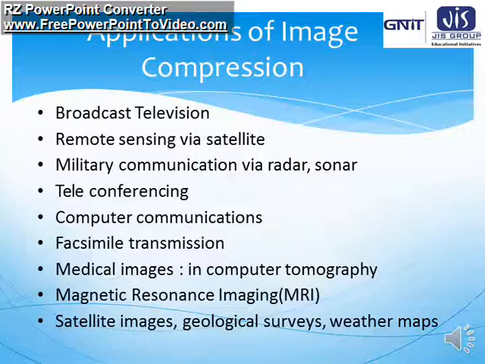Another very important area is military communication via radar, sonar, teleconferencing, computer communication, facsimile transmission, medical images in computed tomography, magnetic resonance imaging MRI, satellite images, geological surveys, and weather maps.